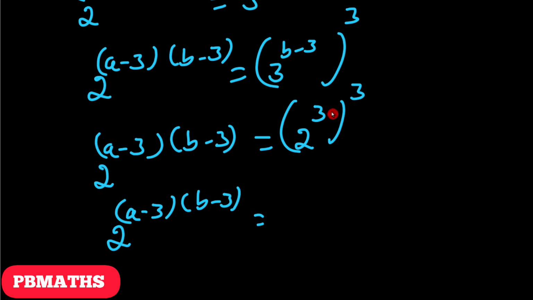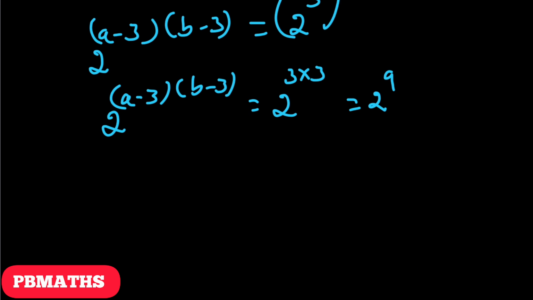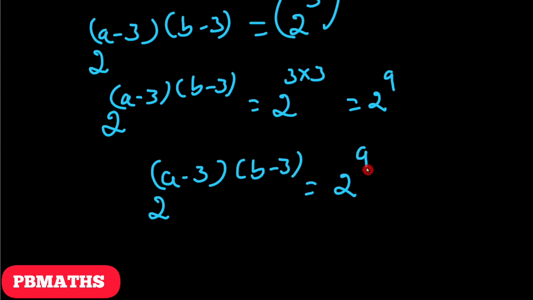The RHS is equal to a to the power m to the whole power n, which means a to the power m into n, which means here we get 2 to the power 3 into 3, that is 2 to the power 9. So we can write this 2 to the power (a minus 3) times (b minus 3) is equal to 2 to the power 9.